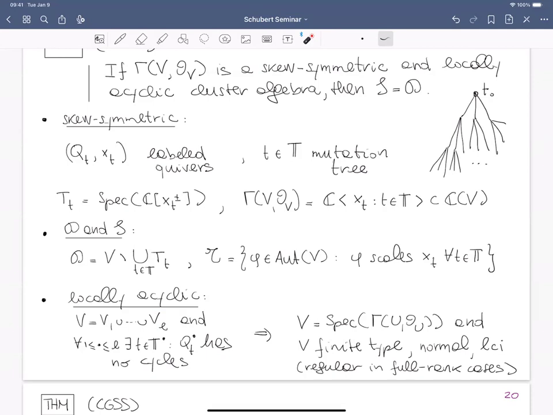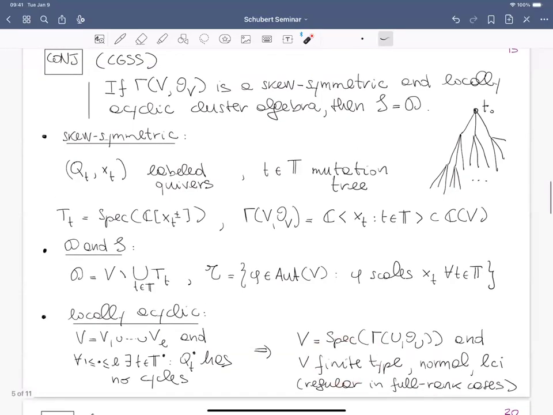So some things that are true under this assumption are, for example, that V is indeed the affinization of the gluing of the charts. This does not need to be the case in general. And then other things that are true under these assumptions are that V is a finite type scheme. So that means that this algebra that a priori is infinitely generated is actually finitely generated.